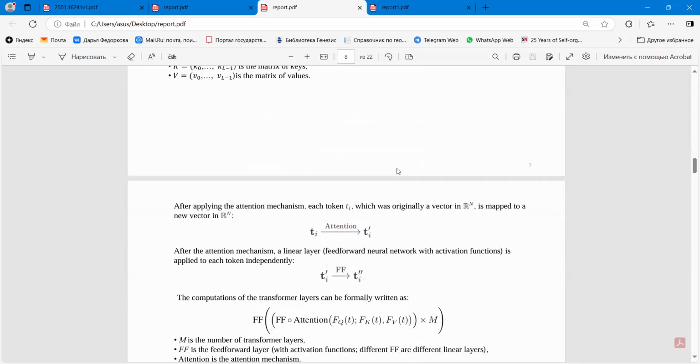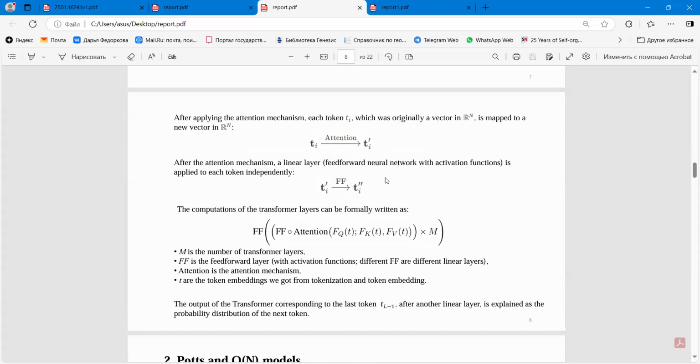And the next step: after applying the attention mechanism, each token, which was originally a vector in our space, is mapped to a new vector in this space. After that, a linear layer, a feed-forward neural network with an activation function, is applied to each token independently.